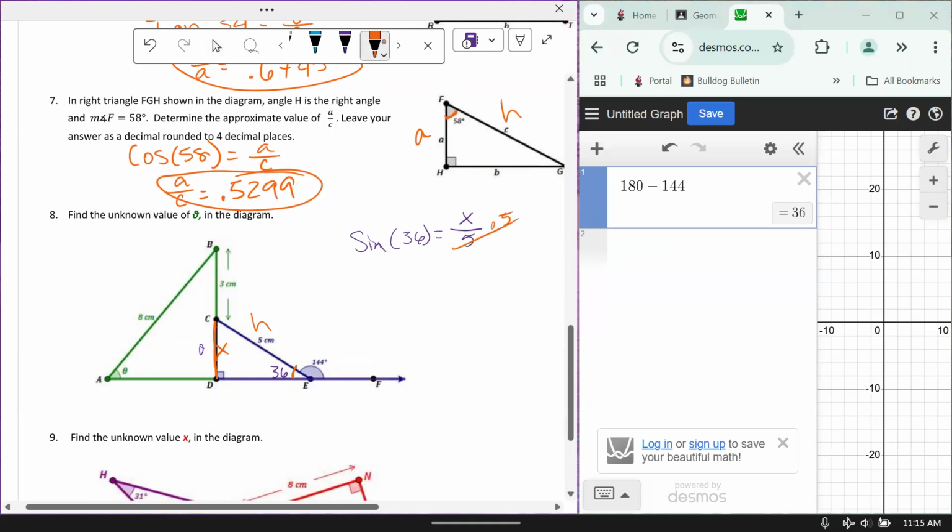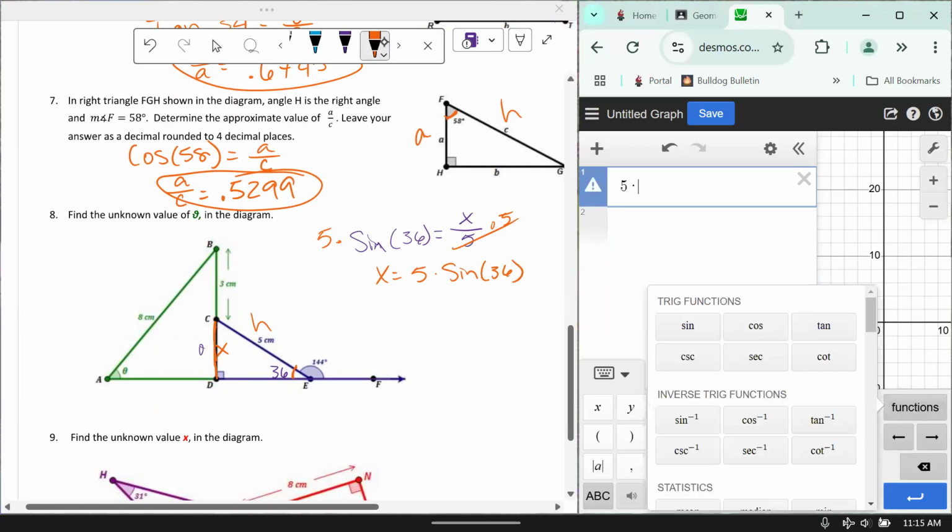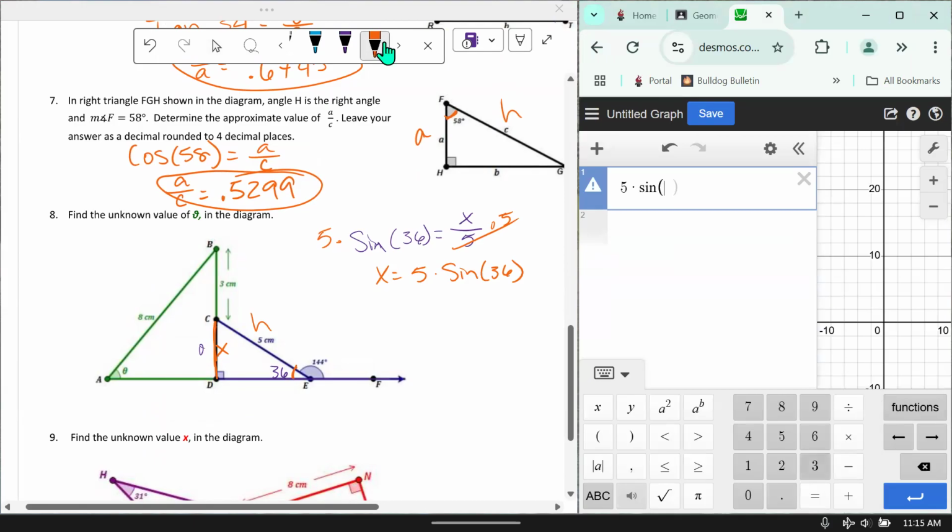Multiply the 5 out to get x alone. So x equals 5 times sine of 36. Okay. We're going to go plug it in. 5 times function sine of 36, close our parentheses, gives us 2.94. So x equals 2.94.